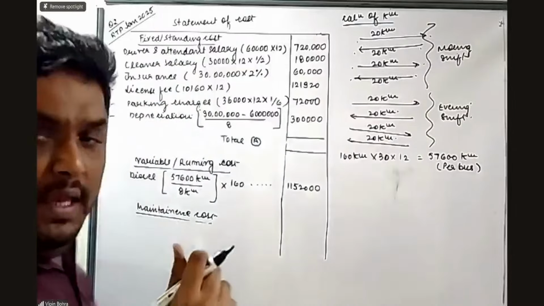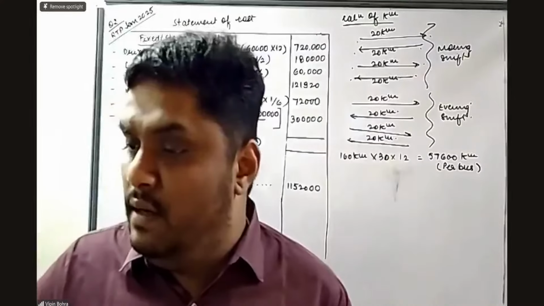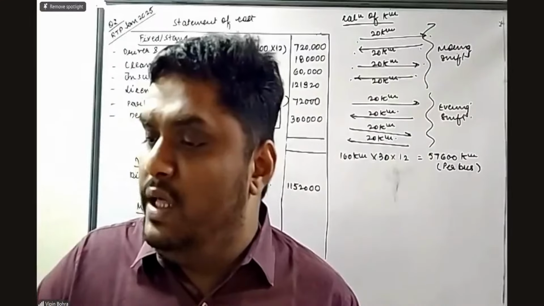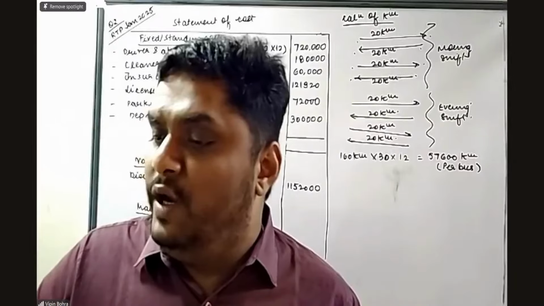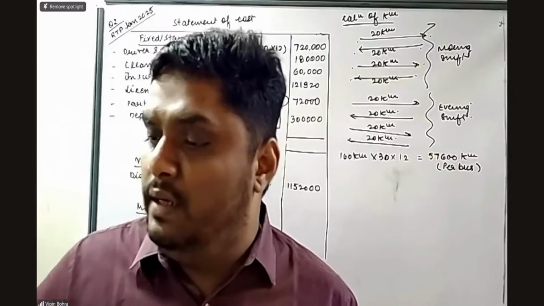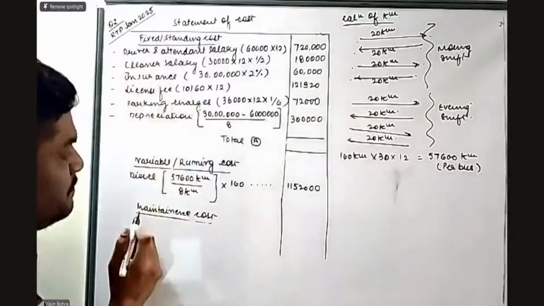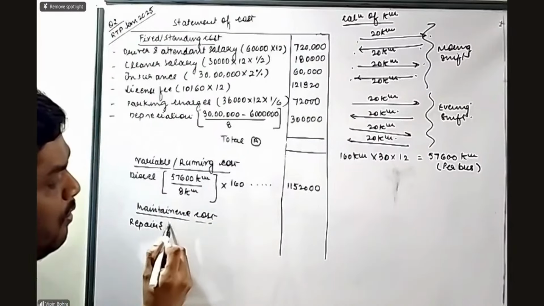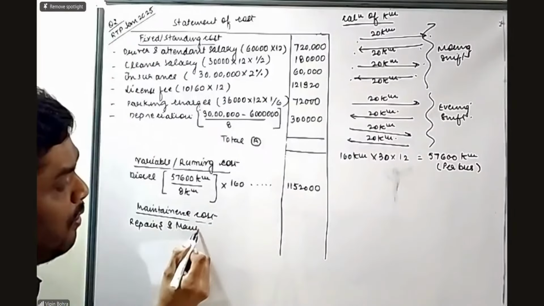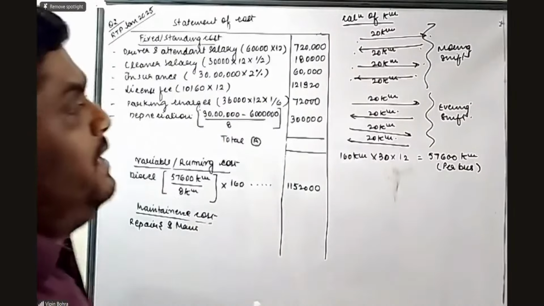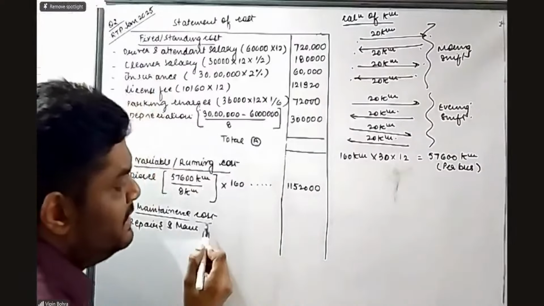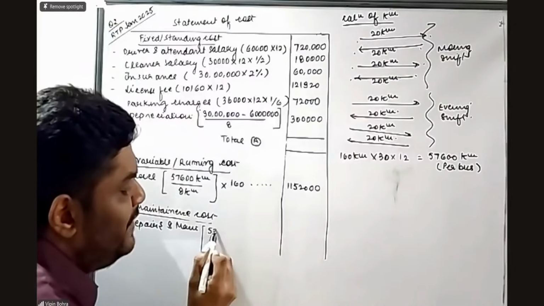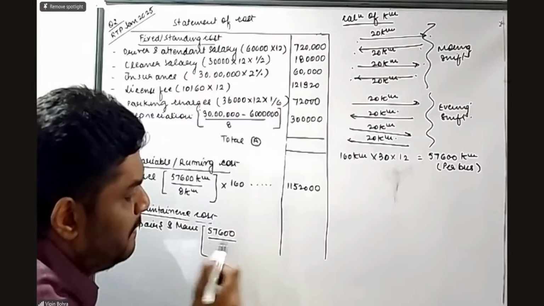Further, when talking about the maintenance cost, it is given repairs and maintenance including engine oil and lubricant for every 5760 kilometers. So see, the total distance traveled is 57,600.